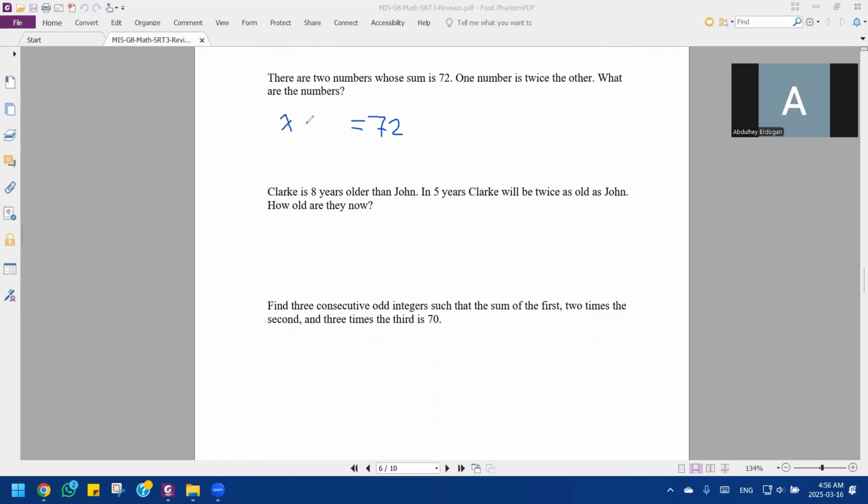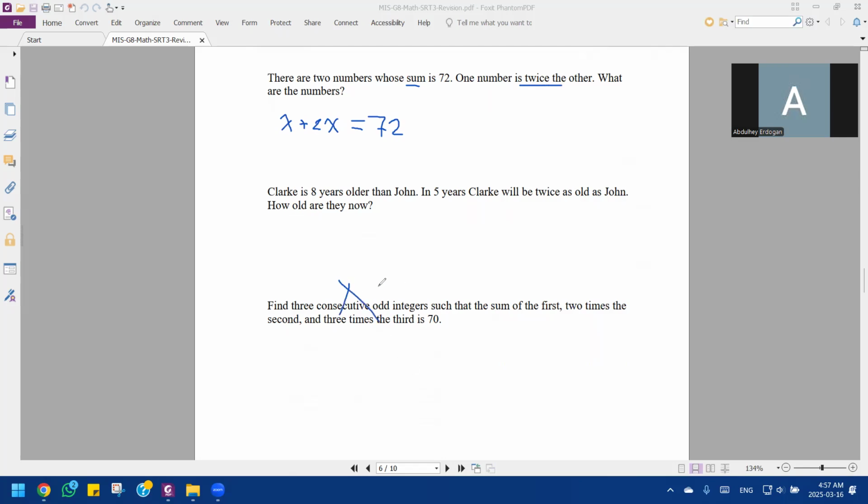And then we continue. They said twice, but is it the sum of them or what? There are two numbers whose sum, yes. So plus 2x. Because they said twice the other. So one of them is x, the other one is 2x. Twice it.